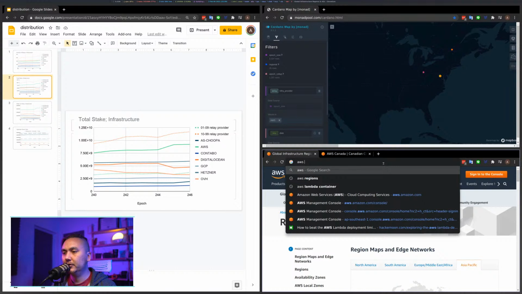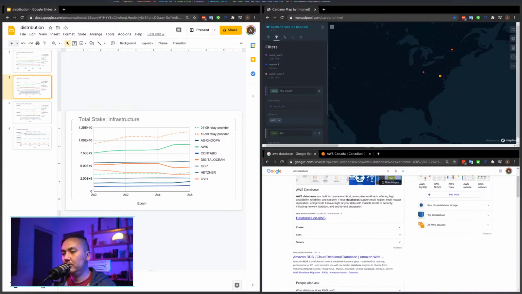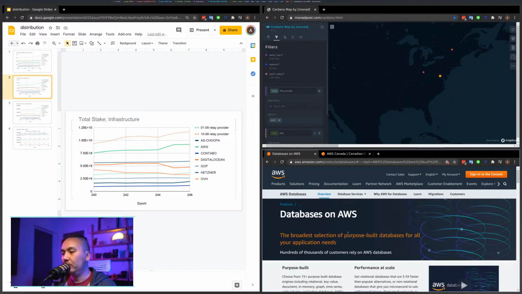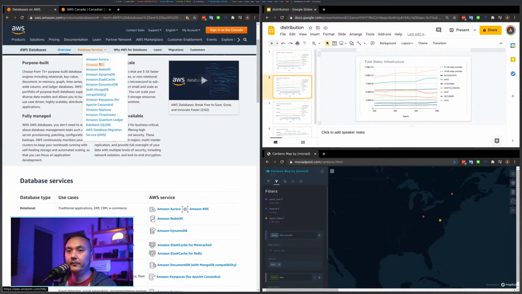distributed database, and if you want to have a globally available database solution, there are a lot faster ways of doing that than through a blockchain, right? AWS has, look at all these on the left. Aurora, RDS, Redshift.